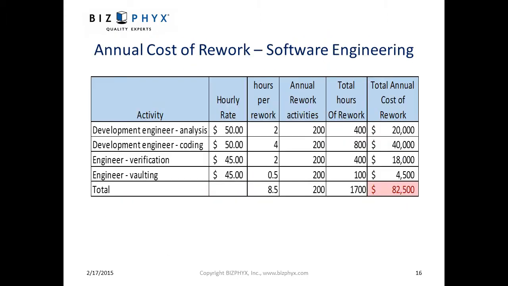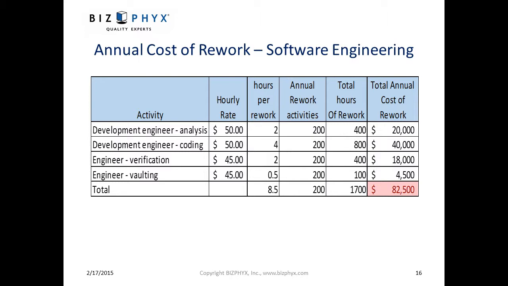Well, we can construct a simple chart, a matrix, to try to understand what's going on. So for each bug, we need some engineering analysis to figure out what the problem is. We then have to do some coding to fix the software.